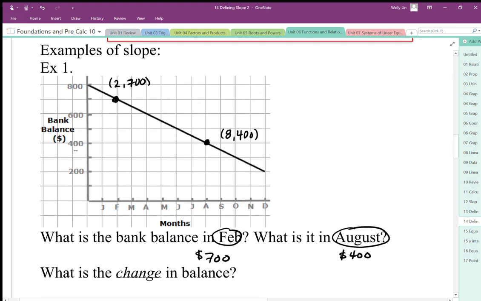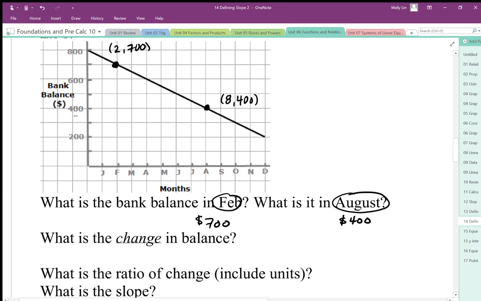So the change in the balance is going to be the end minus the start. So 400 minus $700. So the change is going to be negative $300. Okay, remember the change is going to be the end minus the start.